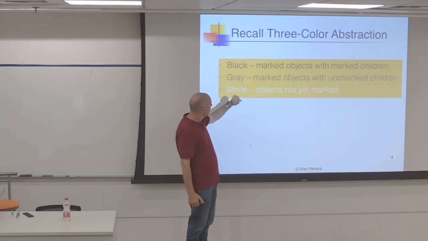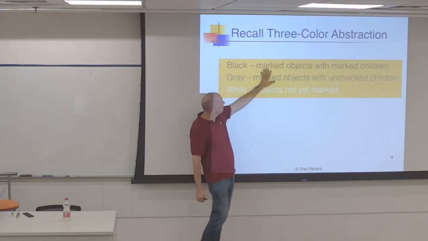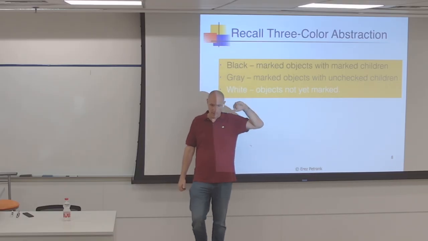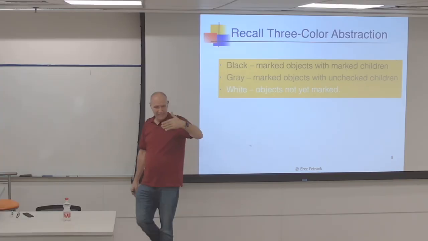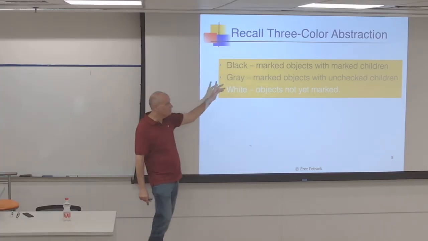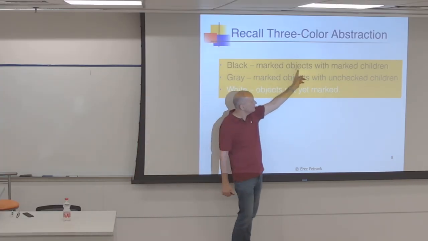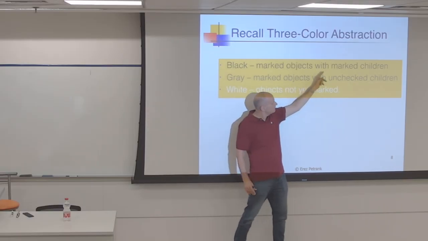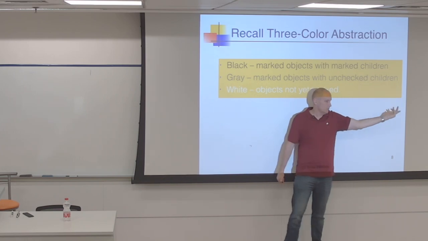So we mark things by colors. So black, as we said, we did this in Baker's algorithm for copying. We said black is an object that we have already seen in our traversal, and we've also noticed its children.